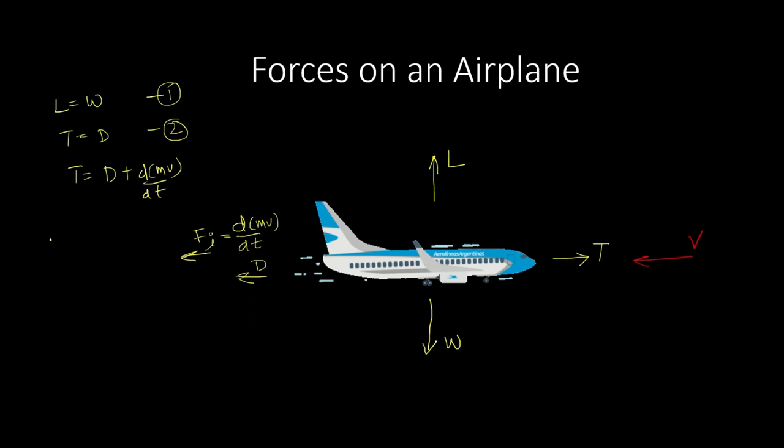Or if we also assume that there is negligible change in the mass of the fuel, we can say that T is equal to D plus m dv/dt, and this is equivalent to saying that T is equal to D plus mass into acceleration. So in such a case, the engine will have to produce extra force to overcome the inertia.